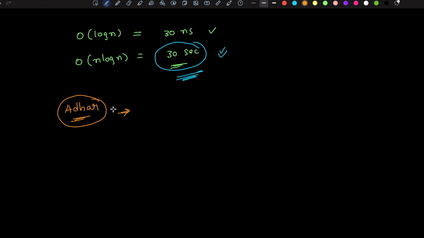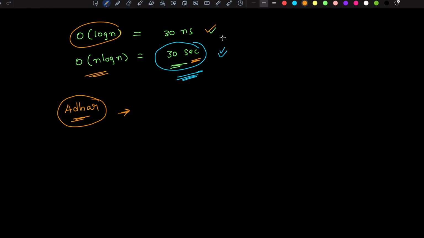If the verification algorithm runs with a time complexity of order of log n, it may take around 30 nanoseconds, right? And if it runs on order of n log n, it may require 30 seconds per person. So 30 seconds versus 30 nanoseconds, that is a huge difference, right? If a government officer had to wait 30 seconds to verify each identity, that would be extremely slow, right?